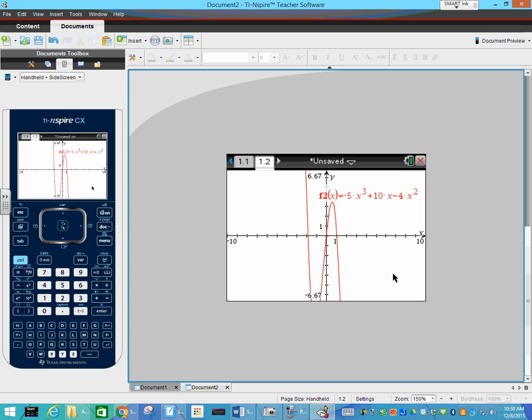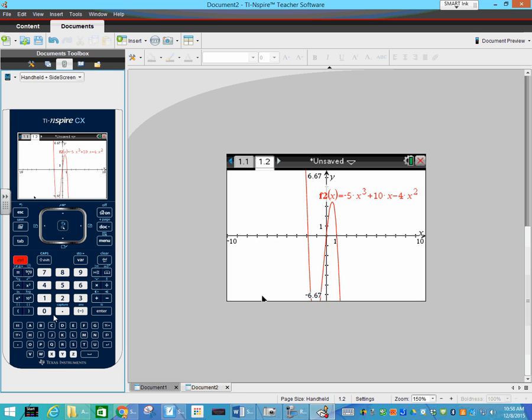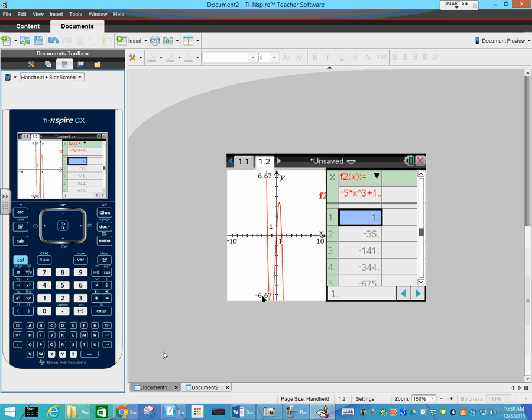So what I want to point out to you, an easy thing to remember, on here, if you hit Control and T for table, you pull up a table, and you can see that the graph is real skinny right next to it. So we thought there was a 0 at 1, but you can see, the value of 1 is not 0.